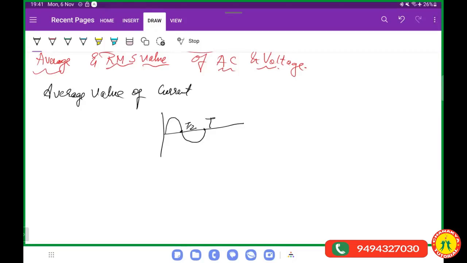Not equal to 0. Is it not equal to 0? Anyone else?